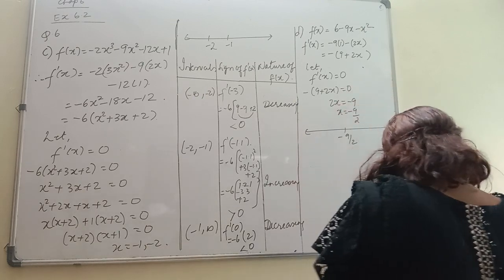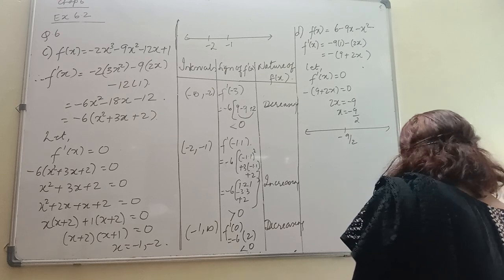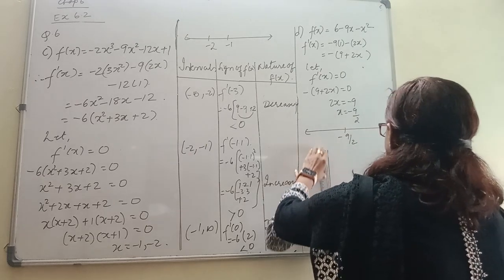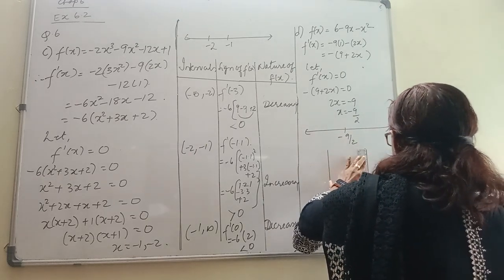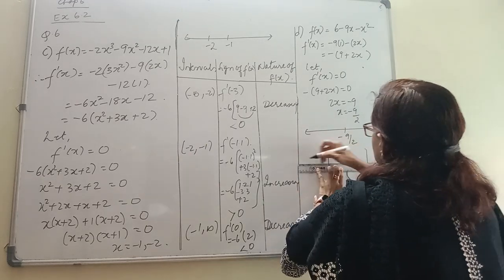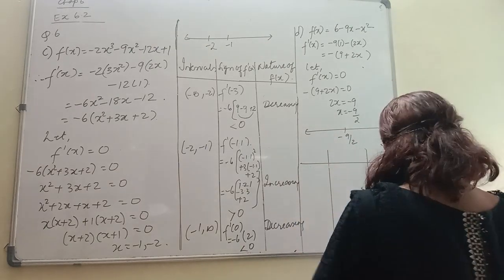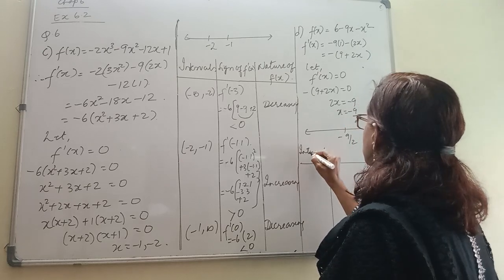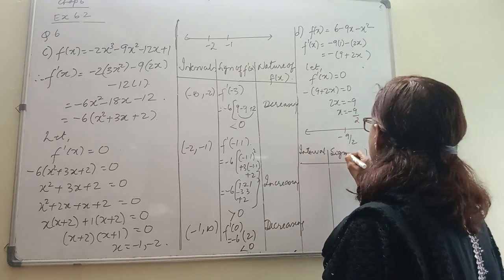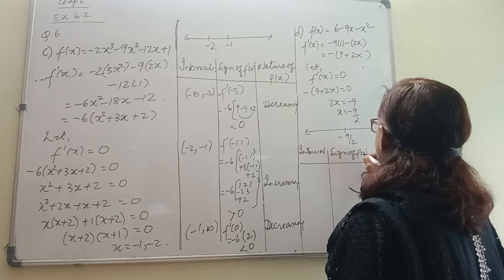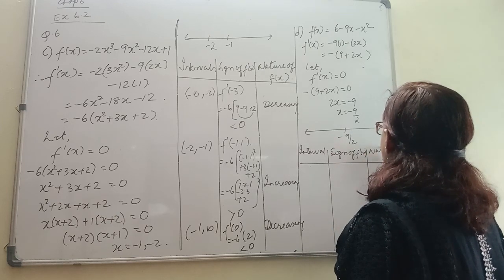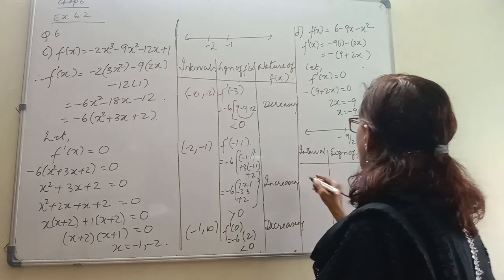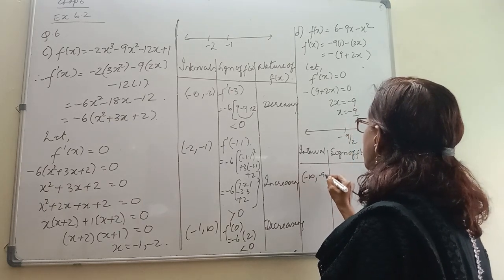So when we take the intervals, the first interval is minus infinity to minus 9 by 2.